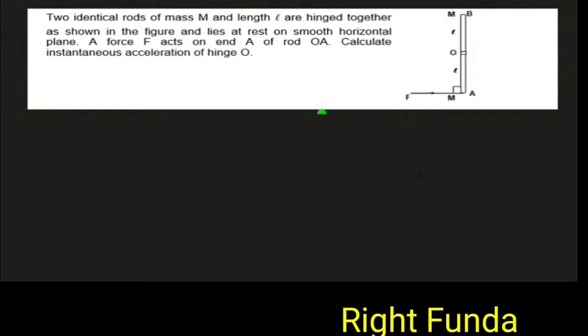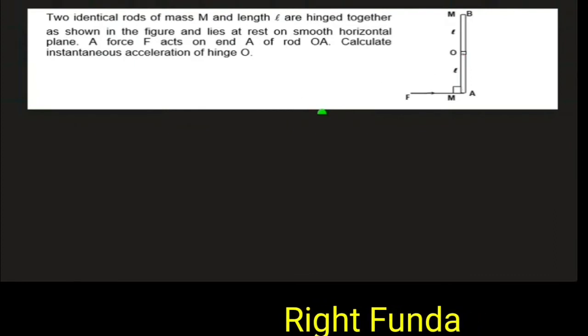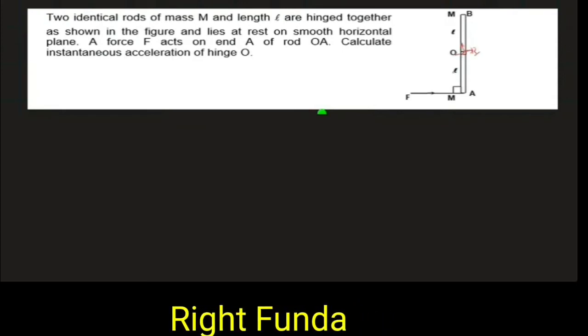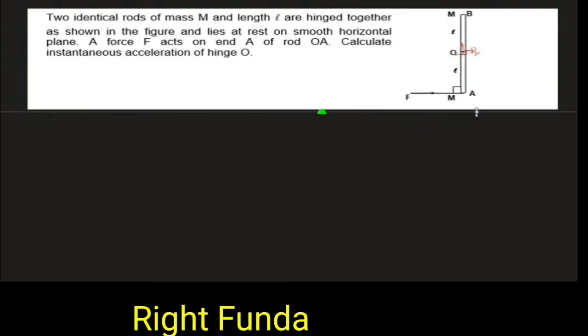So we have to draw the free body diagram of each rod. When you draw the free body diagram of the rod, force F is there. Here a hinge reaction will be acting, and the hinge reactions are internal forces. But for every rod I draw, there will be hinge reactions Rx and Ry here. So let's draw the free body diagram of each individual part separately.